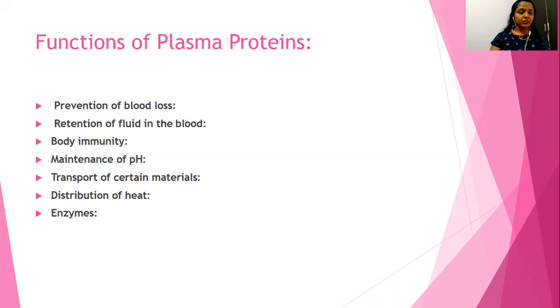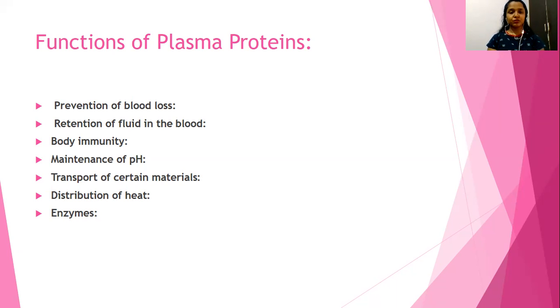The plasma proteins also help to maintain the pH by forming the acid base buffer so that it maintains the neutral pH of 7. And transport of certain materials. As I said, there will be the transportation of the endocrine hormones to the different organs.